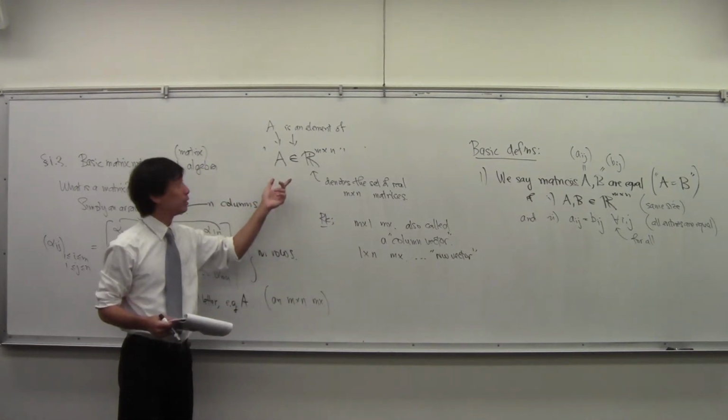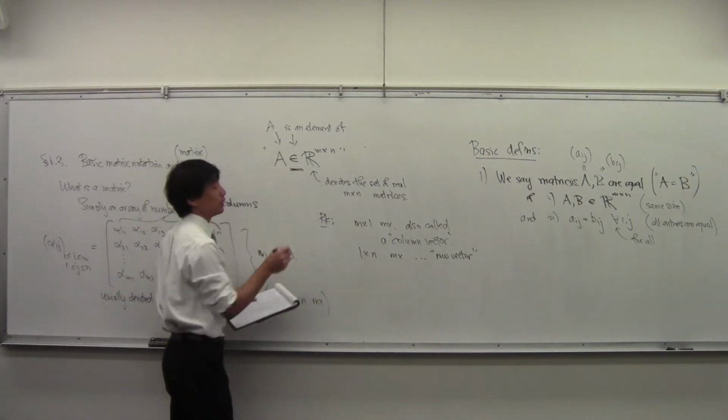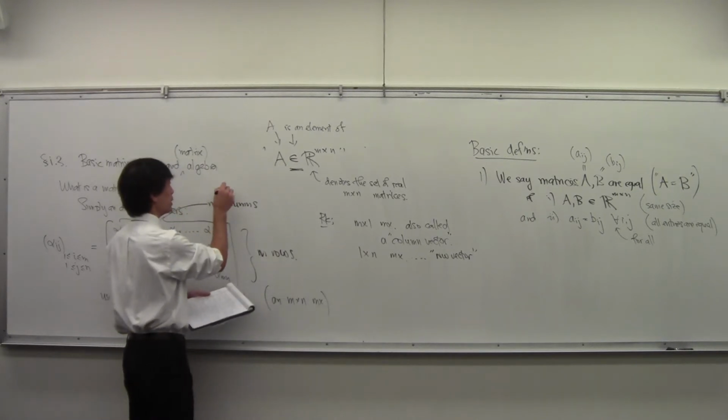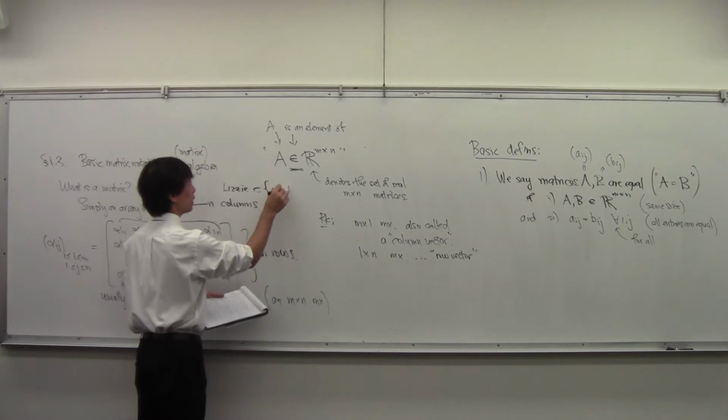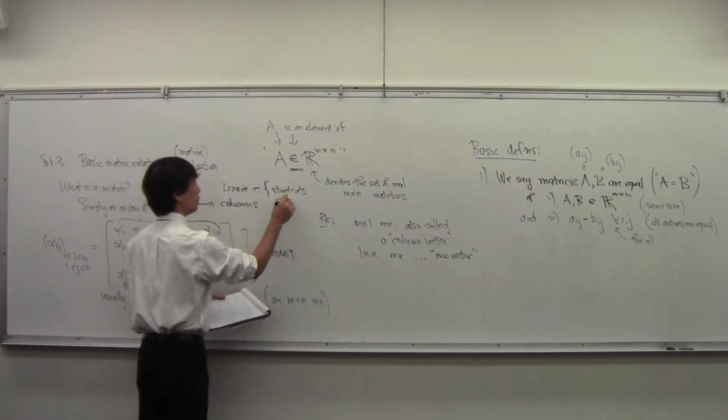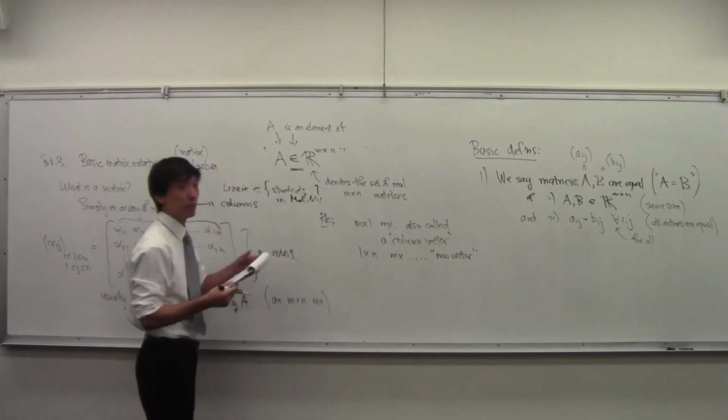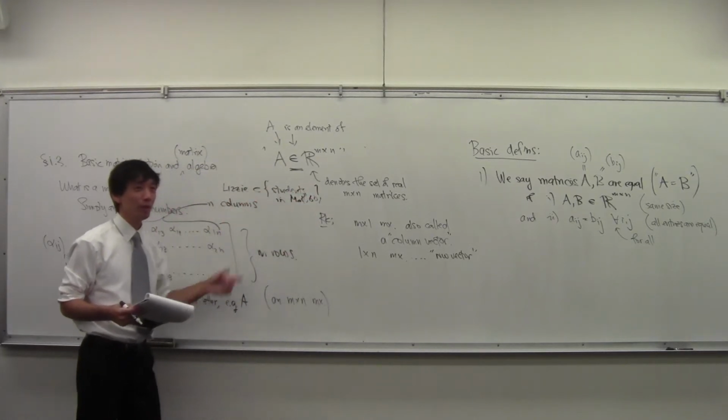So this is set notation. Like if I say Lizzie is an element of the students in Math 60, there's a set of students and you are one of them. That's all it means.